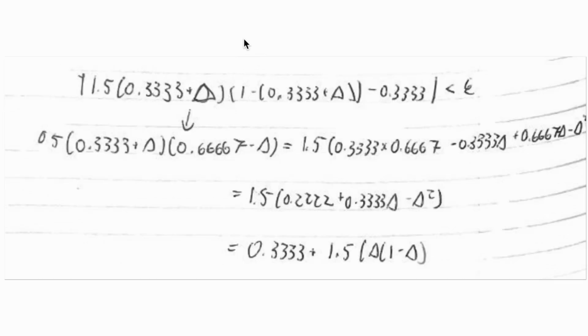And then we'll continue on, where we'll continue substituting now. We'll substitute the value of x for this value L plus delta. So 0.33 plus delta is now our value of x here in the inequality.